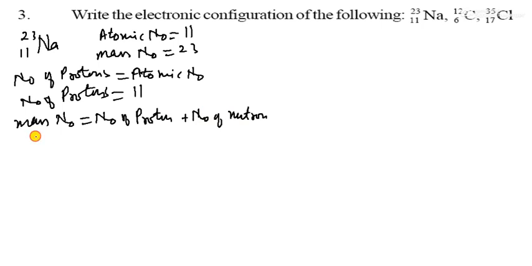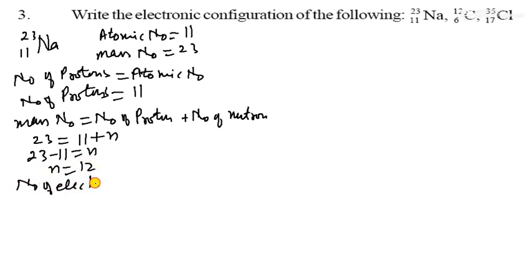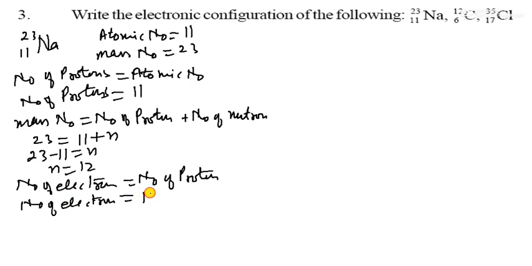So mass number is given as 23 and number of protons is 11, and neutron we want to find. So 23 minus 11 is equal to n, so n is equal to 12. And the number of electrons is equal to the number of protons, and the number of electrons is 11. So electronic configuration.